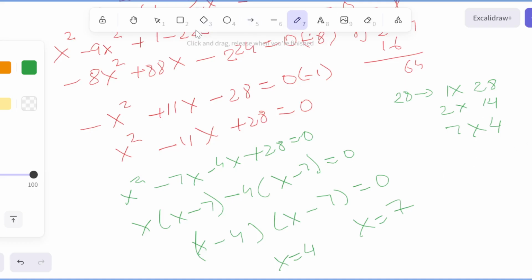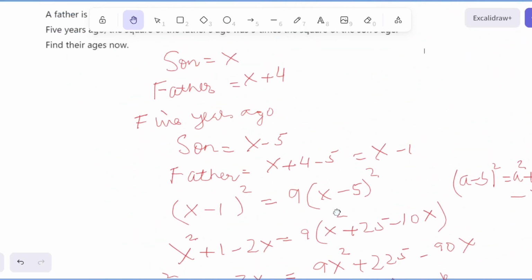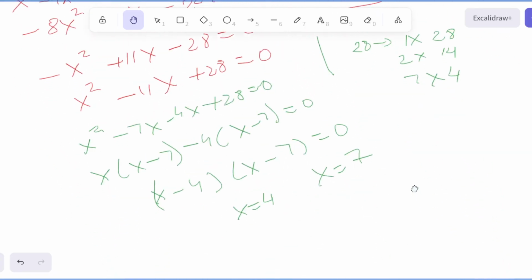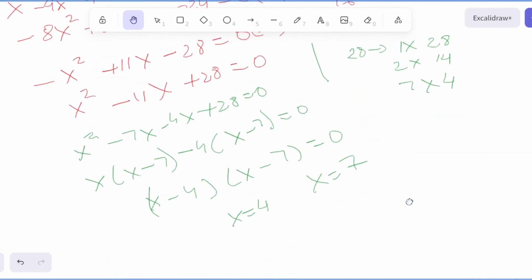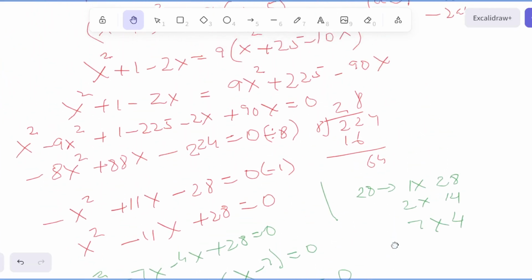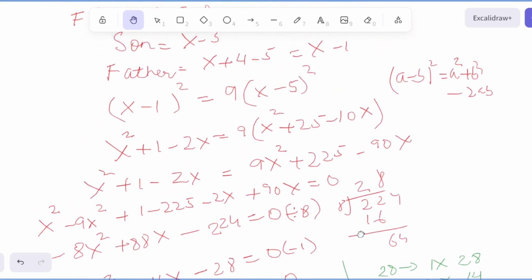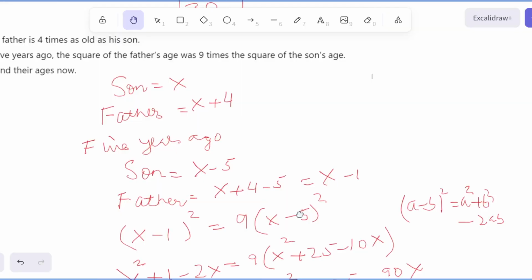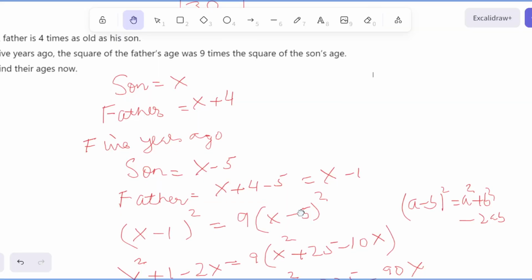So where were we? We have considered the son's age as x. So if the son's age is 4, or else have we done something wrong? We need to check. If we start from here, 4 times, right?